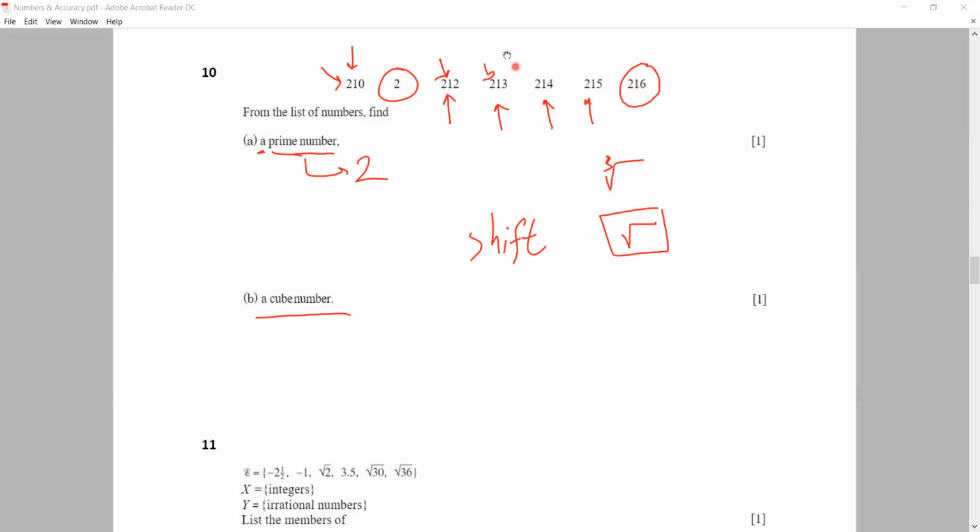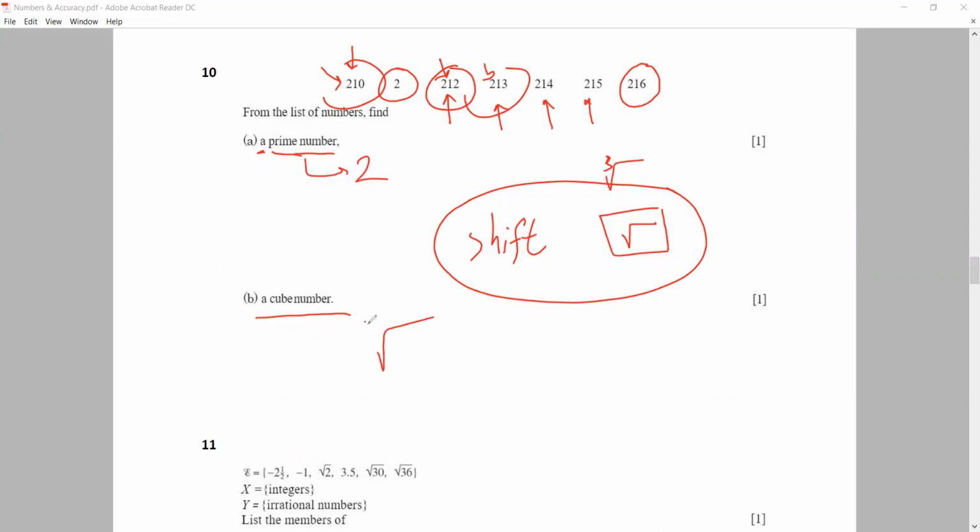So this is not an integer. So just do this procedure, and for each of these numbers quickly see whether you get an integer at the end or not. So the cube root of 216 is basically 6. So moving on to the next question.